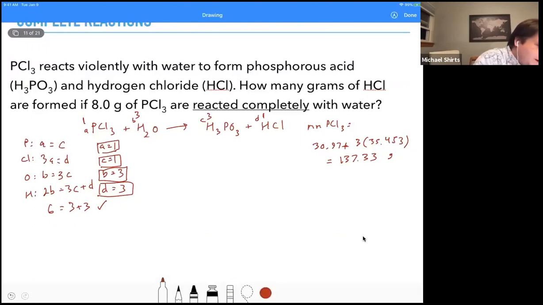Think of the molar mass as a conversion factor, 137.33 grams of PCl3 divided by 1 mole of PCl3.